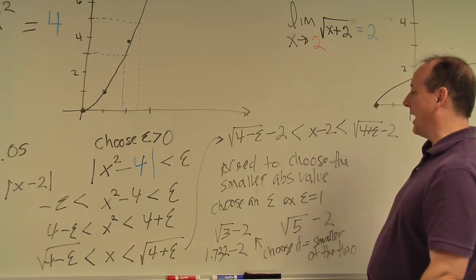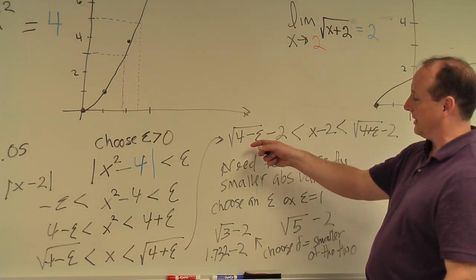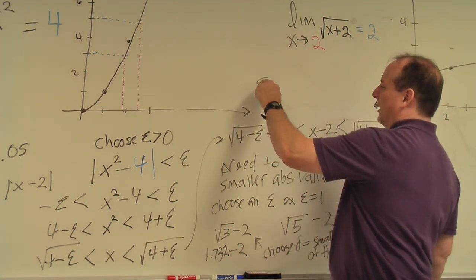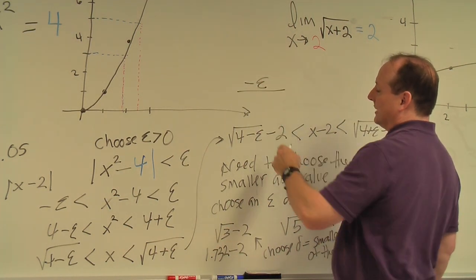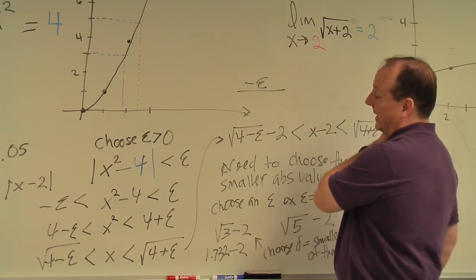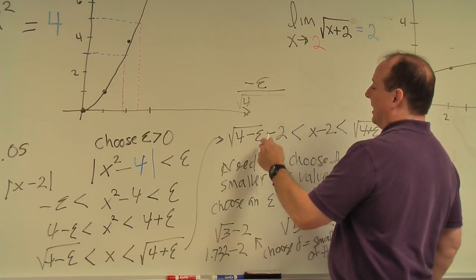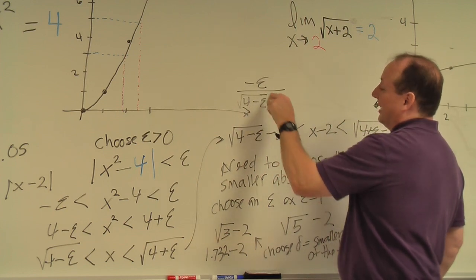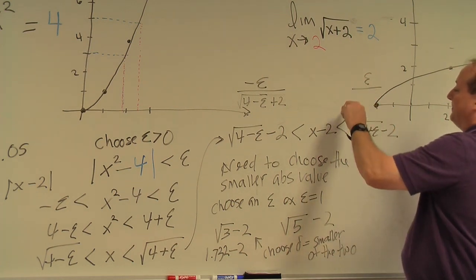Now, I can figure out algebraically which one's the smaller of the two. The way that I would do that would be to multiply this up and down by the conjugate. I'm not going to do the work there, but I will show you the answer, so that I'll know which one of these is smaller without having a calculator in my hand.